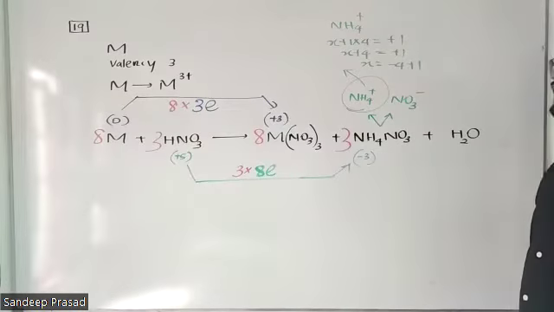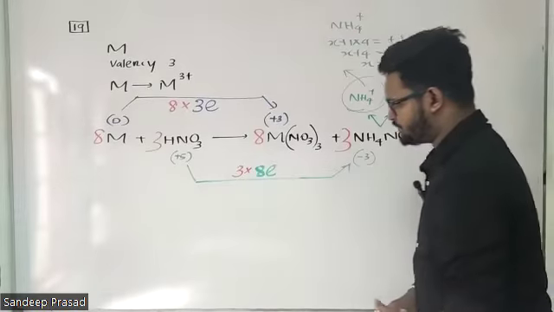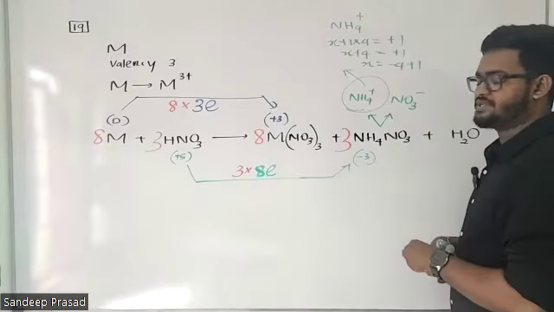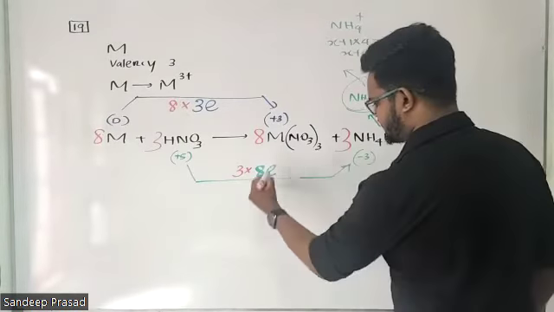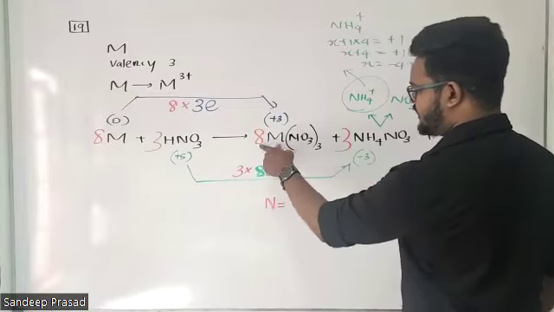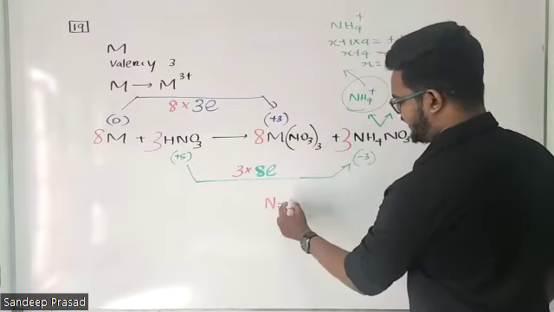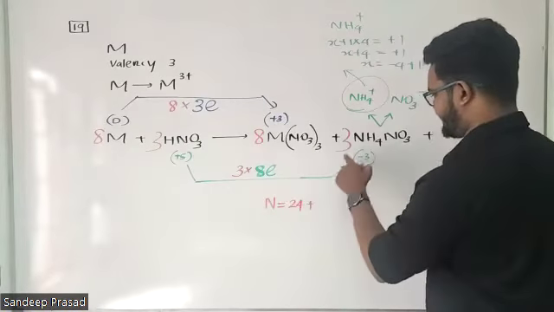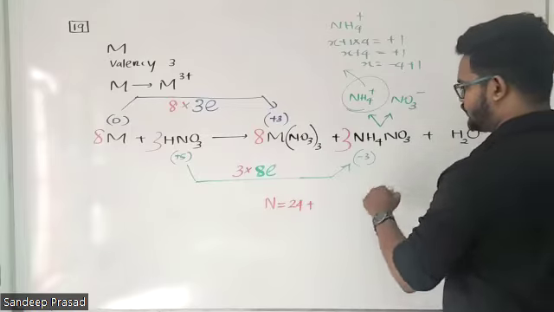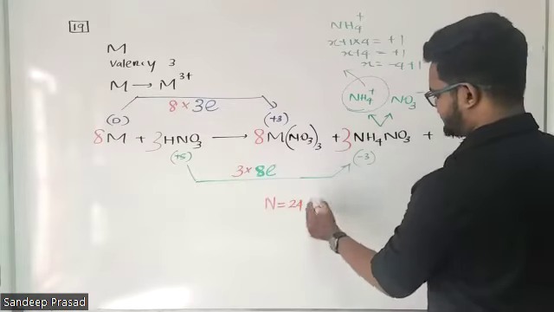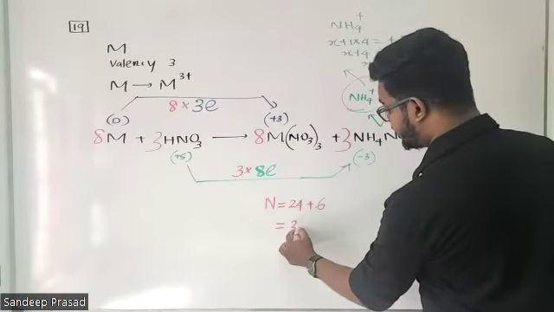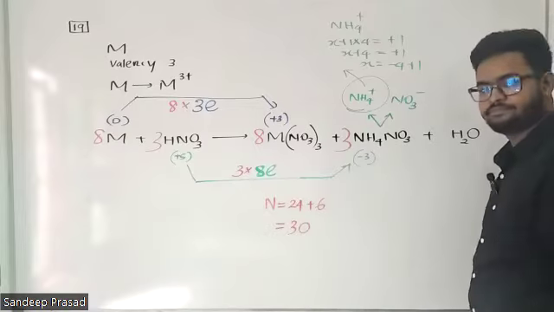That's all. But we have a big issue. I know it. Nitrogen atoms are not balancing, right? Yes. Same thing. Nitrogen, here 3 into 8, 24. And here we can see that 2 nitrogen atoms are there, then 6. Altogether, there are 30 nitrogen atoms. Oh my God.